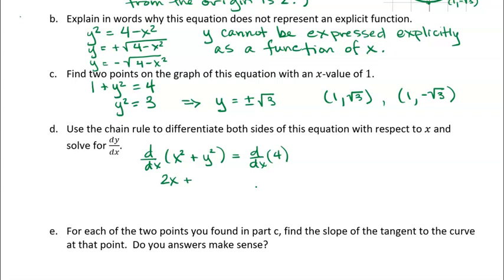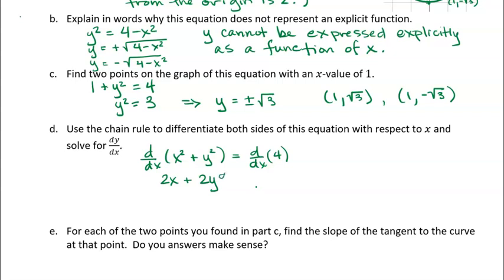So I'm going to use the chain rule. The outside function is the square function. So what I'm going to get is 2y, right? I'm just going to use the power rule on it. But then remember, y is a different function. It's not x, right? But it has some relationship to x.